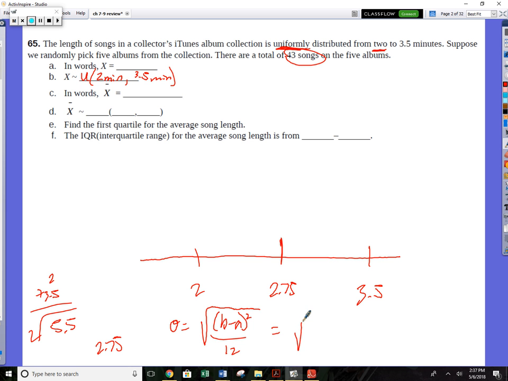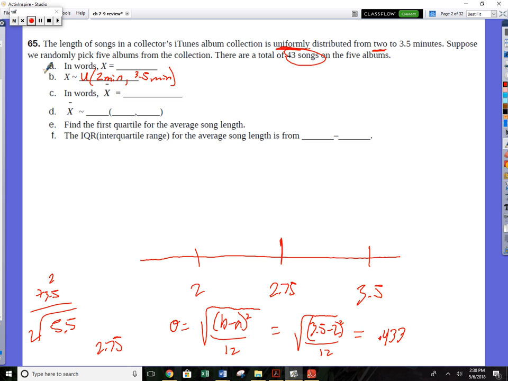So we're going to go square root of (3.5 minus 2) squared divided by 12, and that gives us 0.433. So now we know the average song length, and we know the standard deviation is 0.43, almost probably 25 seconds or something.